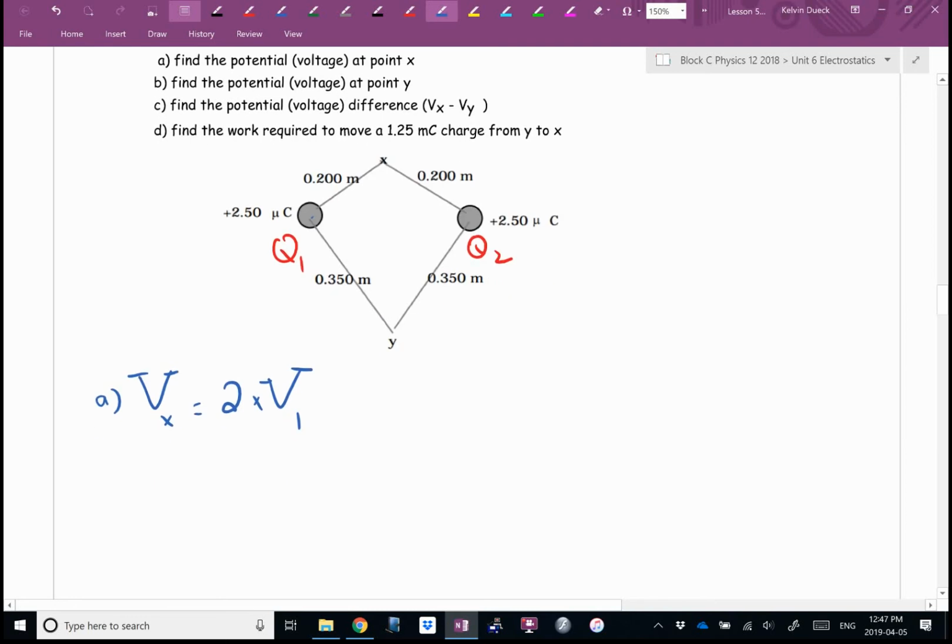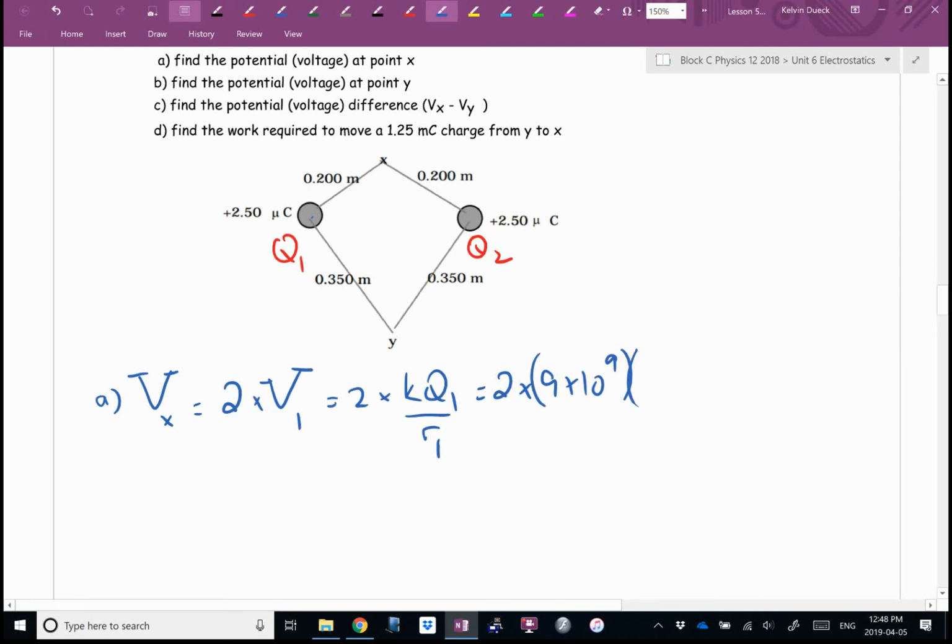You okay with that, Trev? So that's going to be 2 times kQ1 over R1. It's going to be 2 times 9 times 10 to the 9th, Q1 positive.